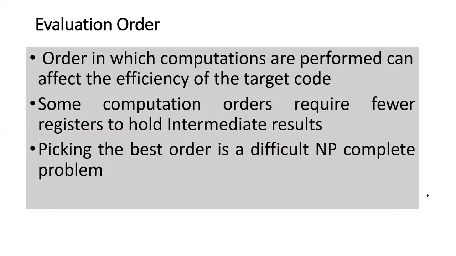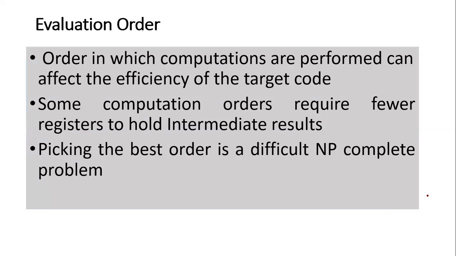And the last issue is evaluation order. The order in which computations are performed can affect the efficiency of the target code. Okay, because by rearranging the order, you can generate efficient code and consume less time.